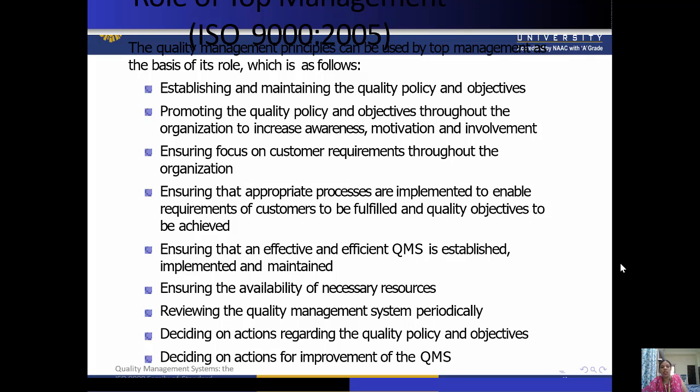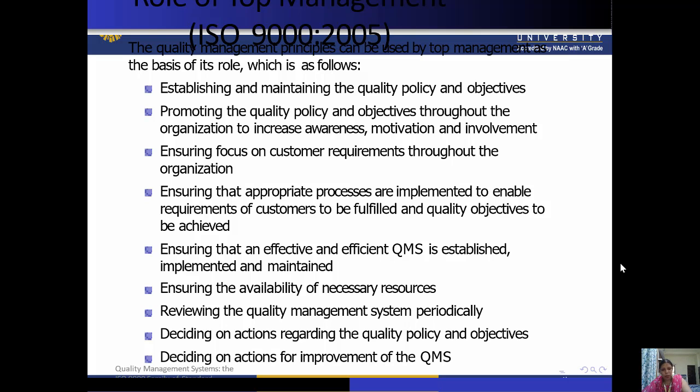Next is reviewing the quality management system periodically. So once the quality management system is applied, rules are set up and policies are formed, the work is not finished. So the top management also needs to focus on the review of that quality management system, and this review should be done periodically.